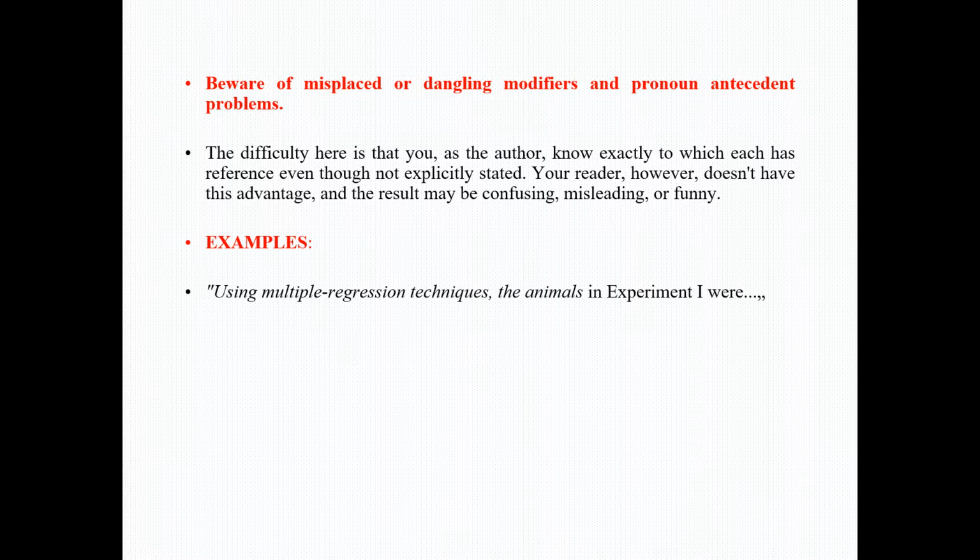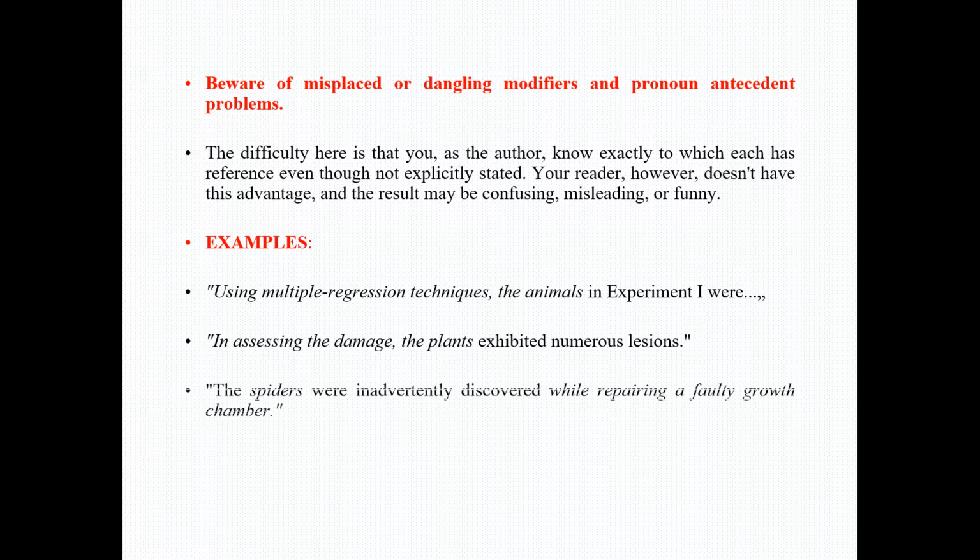Example: using multiple regression technique, the animals in experiment 1 were, in assessing the damage, the plant exhibited numerous lesions. The spiders were inadvertently discovered while defrosting a faulty growth chamber.